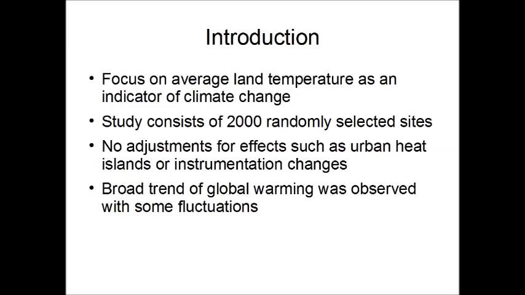Their data set consisted of 2,000 randomly selected temperature monitoring sites that were not already being used in datasets compiled by the National Oceanic and Atmospheric Administration, the NASA Goddard Institute for Space Studies, the Hadley Centre of the UK Meteorological Office with the Climate Research Unit of East Anglia, and no adjustments were made to the dataset regarding effects such as urban heat islands, which is the phenomenon where urban areas are much hotter than their nearby rural areas due to human activities or instrument changes. The result of their collaborative effort was a broad trend of global warming with minor fluctuations.